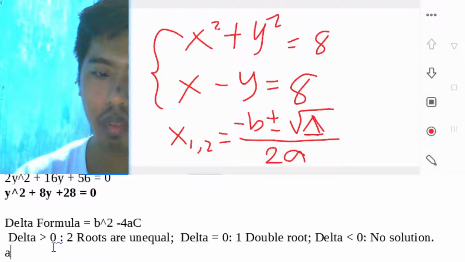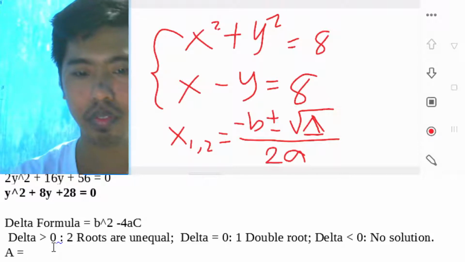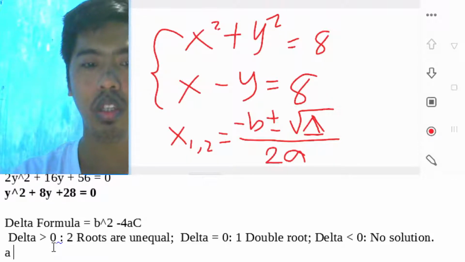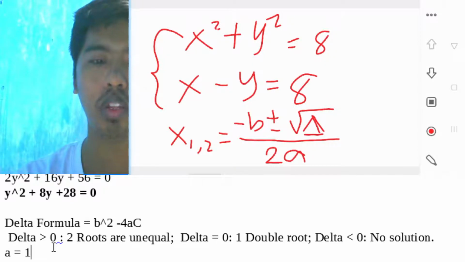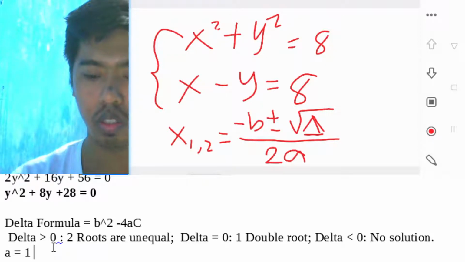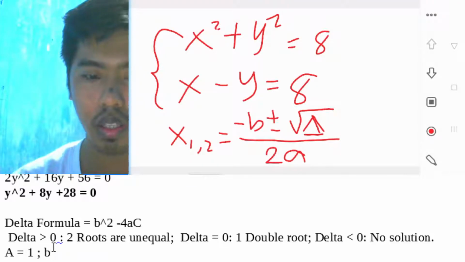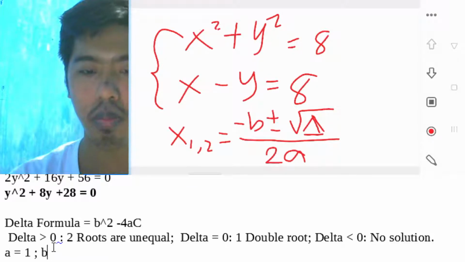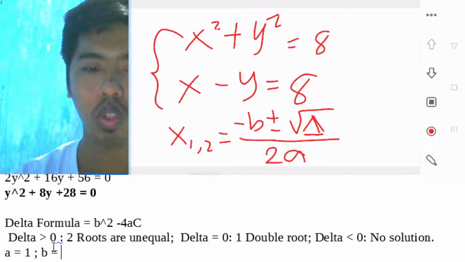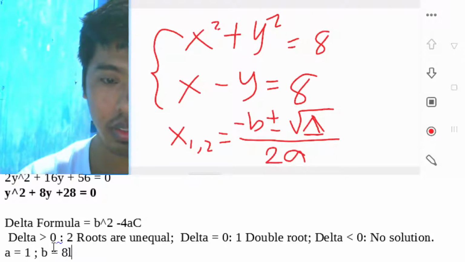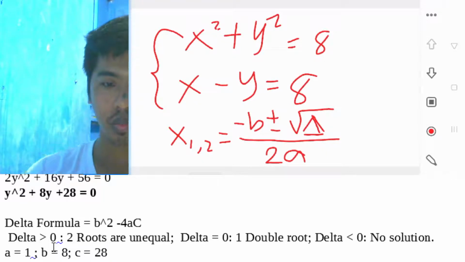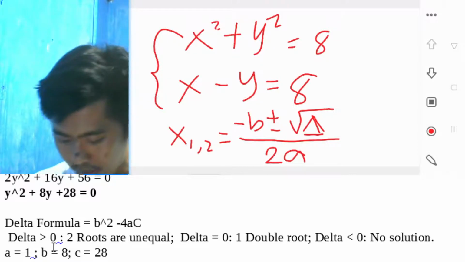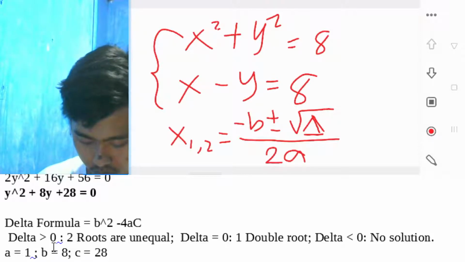Now we have a equal to 1 since there is no numerical coefficient. Now b is equal to 8. Next, c is equal to 28. So these are our values.